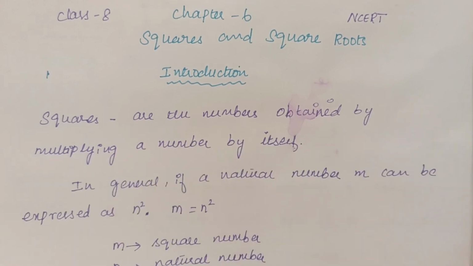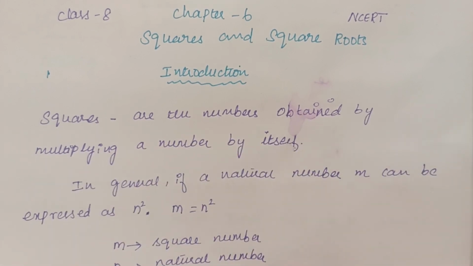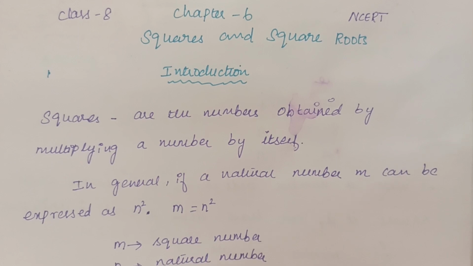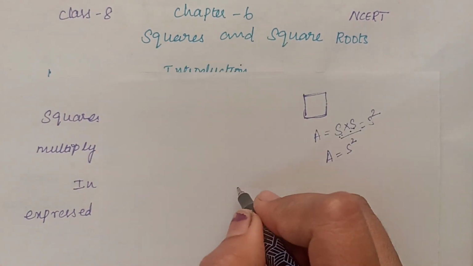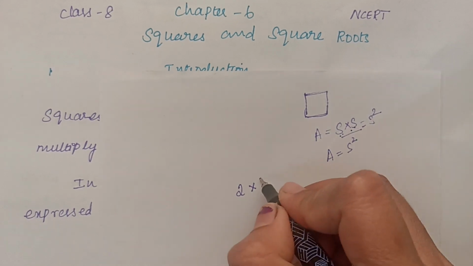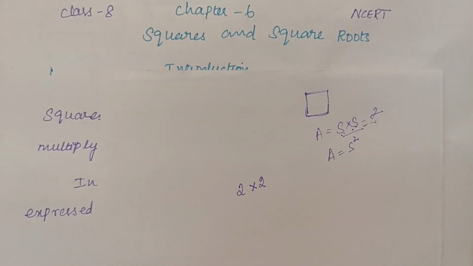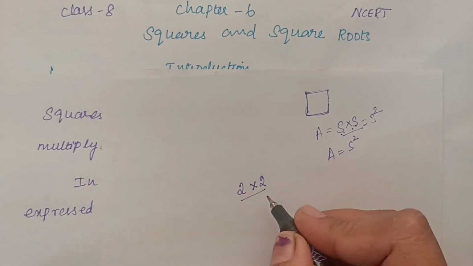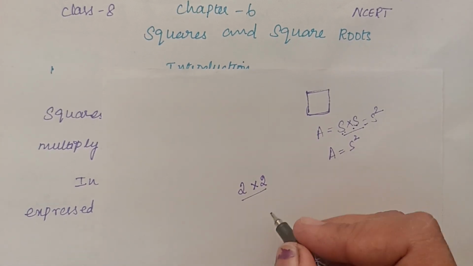Similarly, here the square numbers. Square numbers are the numbers obtained by multiplying a number by itself. Suppose we have number 2, so 2 is a natural number. We are multiplying number 2 by itself, 2 times. Square means 2 times.